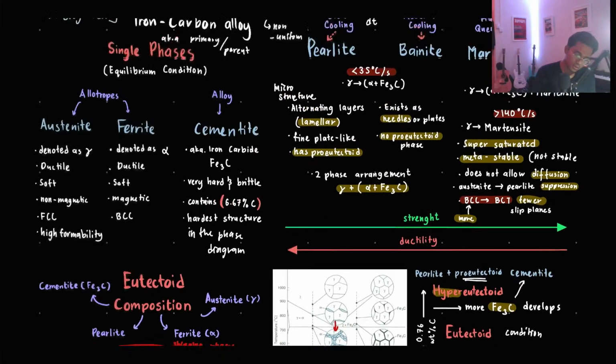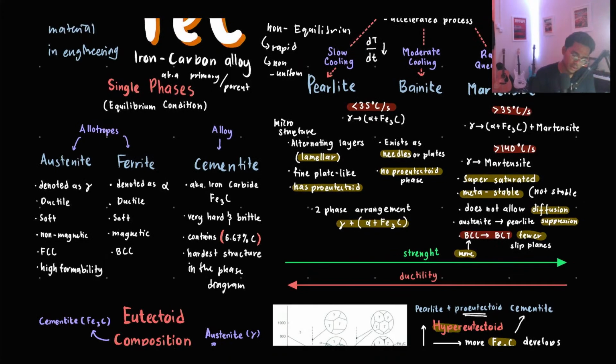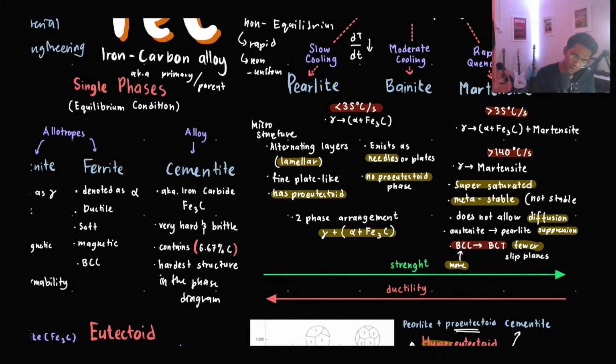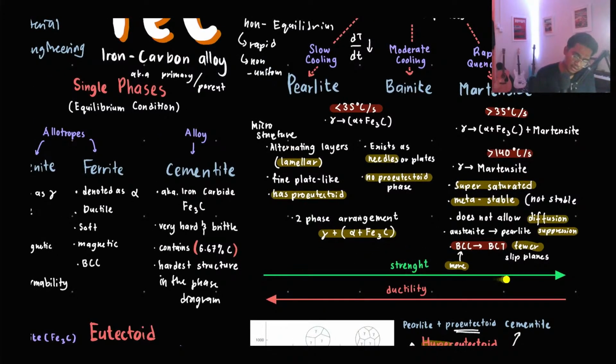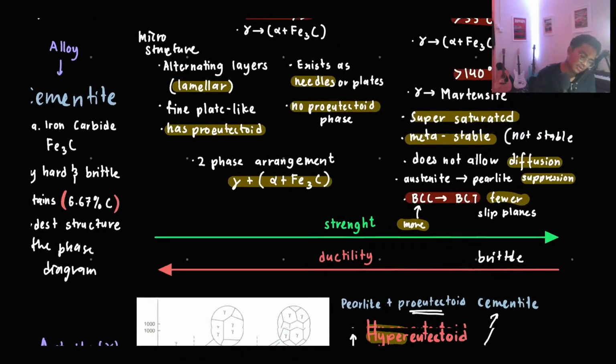Okay. So we can also see the physical properties. The difference between the physical properties of pearlite, bainite, and martensite is the strength and ductility. The higher the strength, the less ductile it is. So it means that martensite is very brittle, but it is very strong.